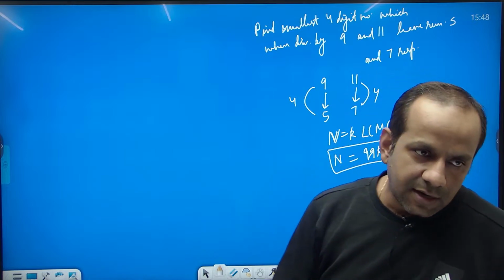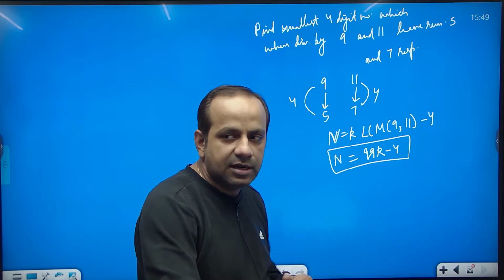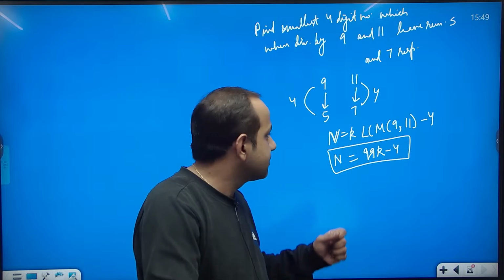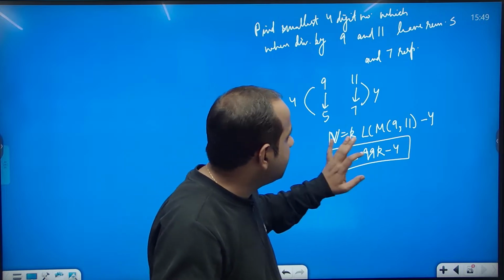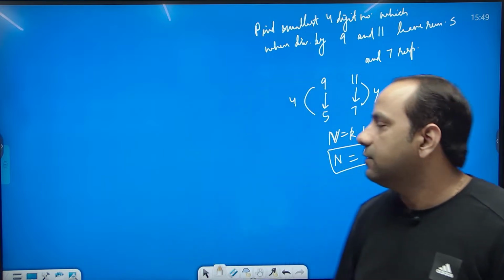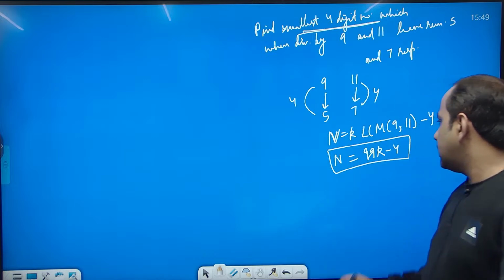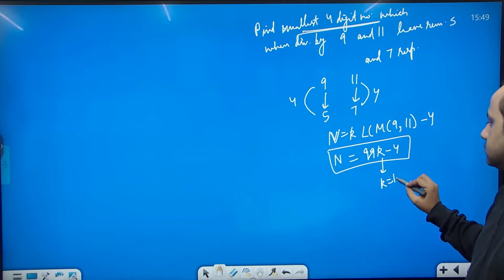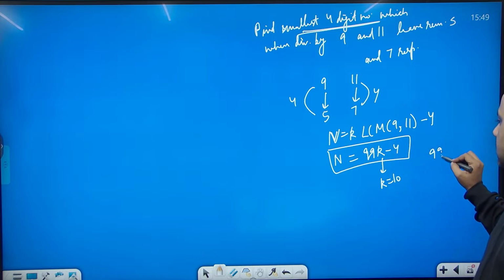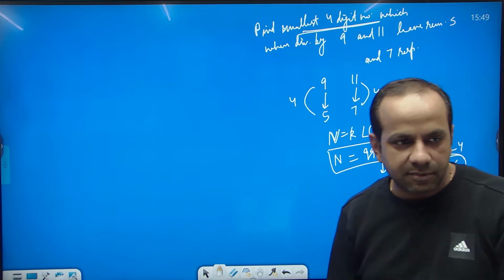Okay. And if I put k is equal to 1 here, we'll get the first number. That will be 95. But we are not interested in finding the smallest number. We need to find the smallest 4-digit number. अगर k को हम 10 डाल दें, our answer will be 990 minus 4, that means 986. This is the largest 3-digit number.